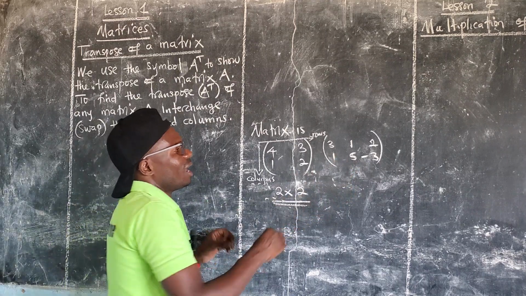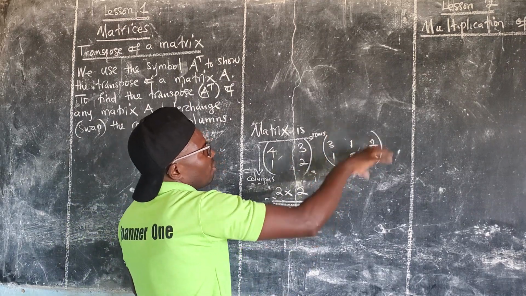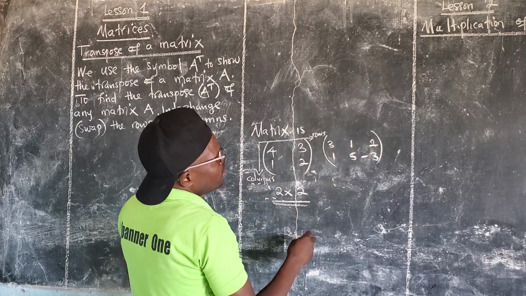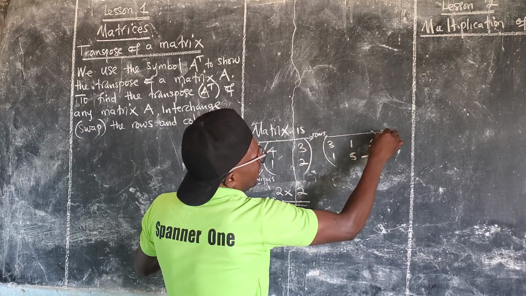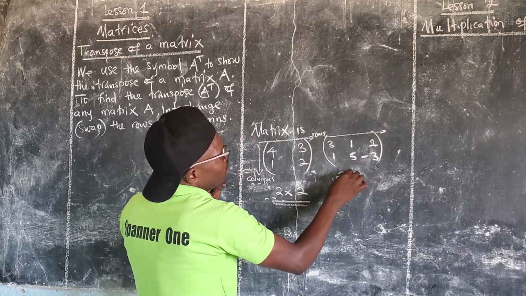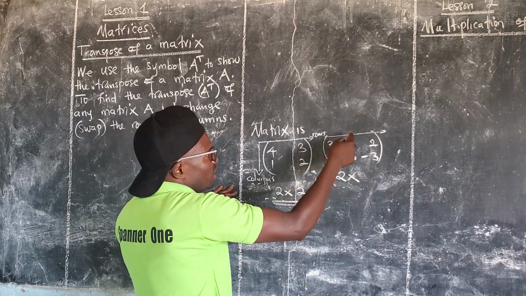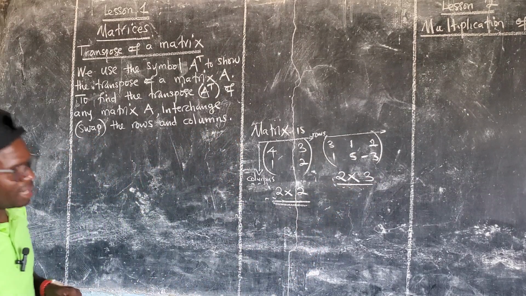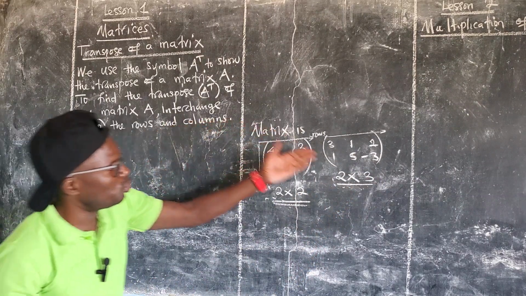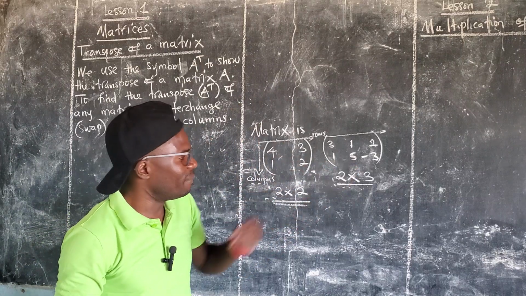When we come to this one, again we need to find the order. How many rows are there? These are rows, so I've got 2 rows by how many columns? 1, 2, 3. So this is a 2 by 3 matrix, meaning that it has 2 rows and 3 columns.